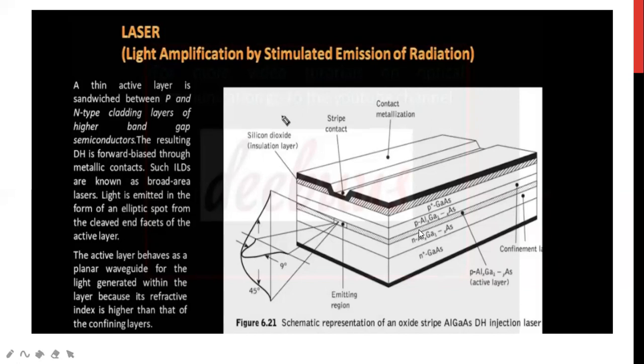We can confine the electron flow inside the active region itself, ensuring maximum recombination inside the active region only, so that we can improve the amount of light produced, and this structure will also help to increase the light confinement inside the active region.